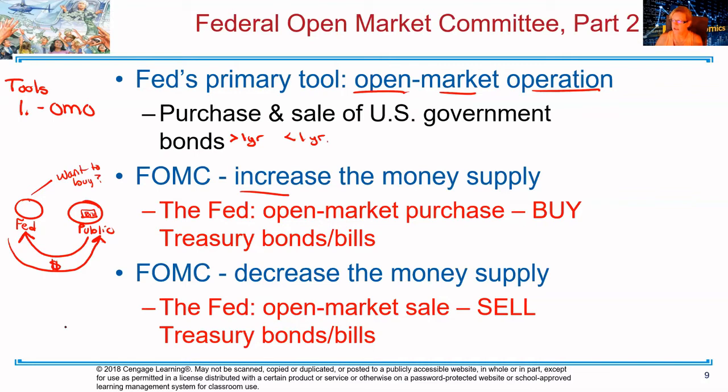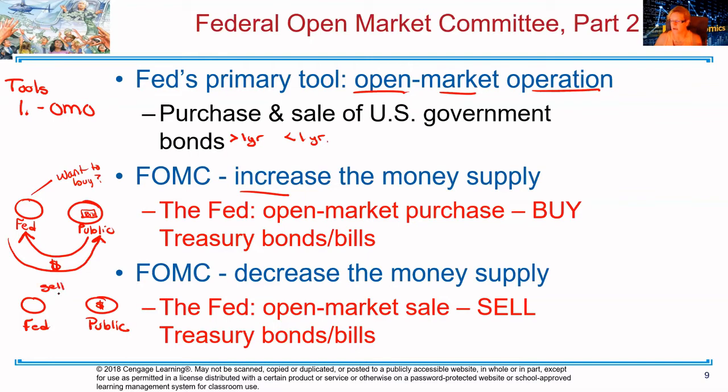If the Fed wants to decrease the money supply, again, here's the Fed, and we have the public, and the public now has dollars. And the Fed wants to decrease the money supply, and again, we'll talk about that in some upcoming objectives. So what they would do in this case is they would sell bonds.